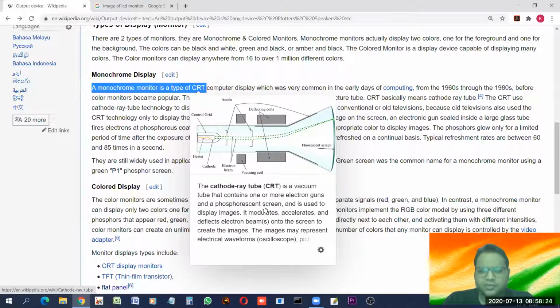What is a phosphorescent screen or fluorescent screen? The property of that fluorescent screen is that when an electron beam falls on it, that particular place illuminates. Illuminate means it lights up that particular place on the screen.